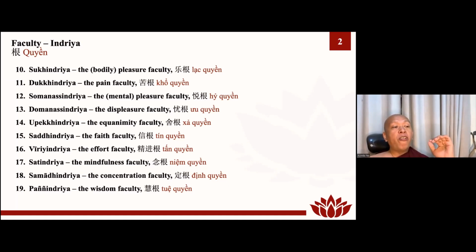Okay, so these five controlling faculties are very common in the Buddha's teaching, and you may have already known these five controlling faculties because we have explained many times, even in the question and answer. These five controlling faculties are mental factors. Okay, so if we summarize this page, from sukha to paññindriya, altogether 19.